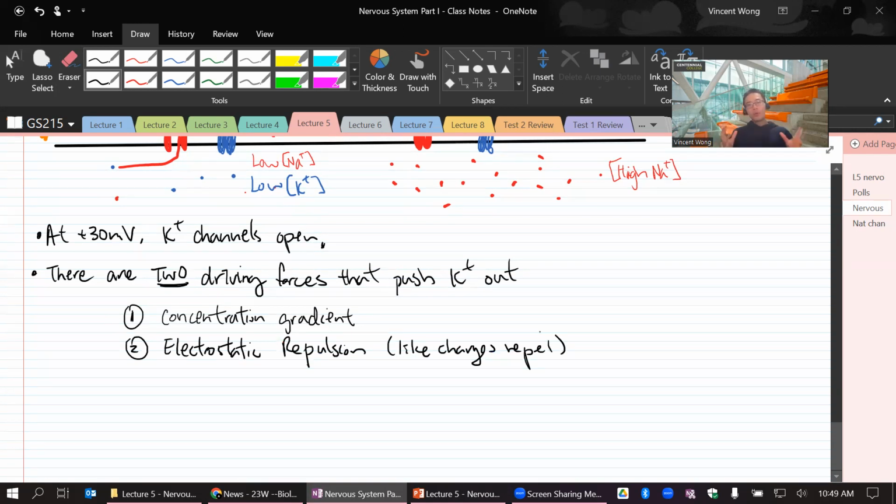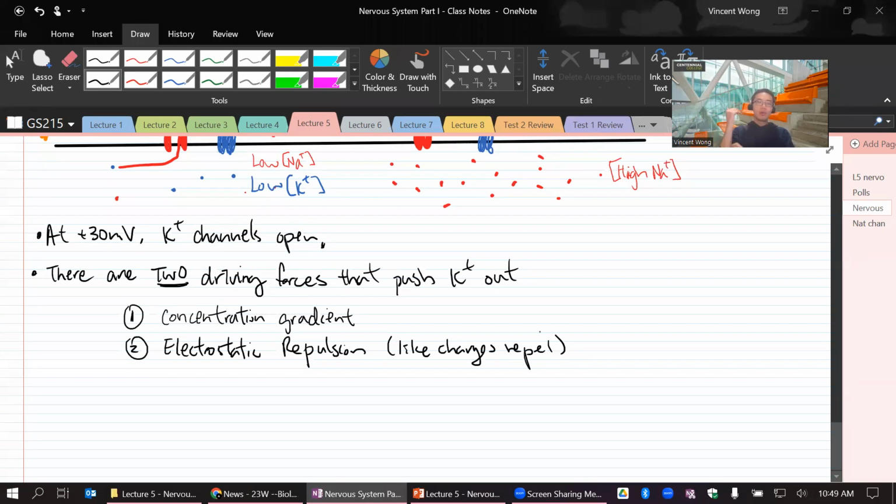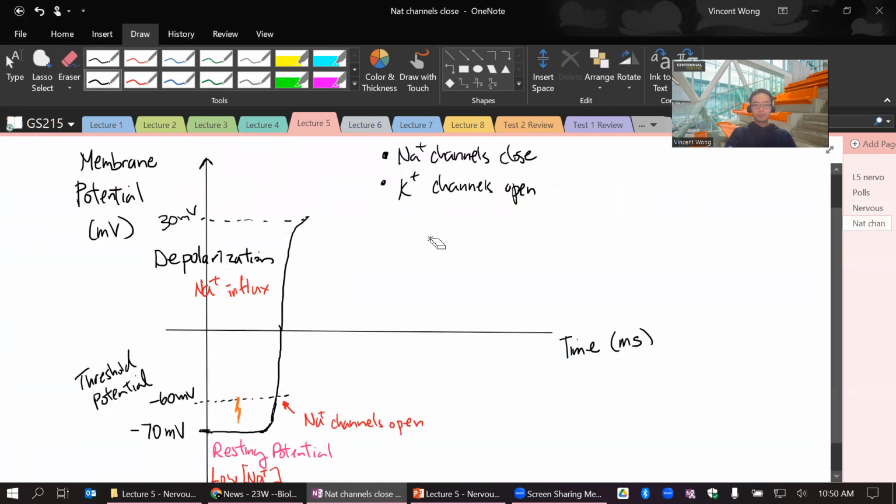So with these two driving forces pushing the potassium out, then you're going to be losing positive charges, which means your membrane potential will now become more and more negative again, right? So if we have the graph, after opening this potassium channel, it will come back down.